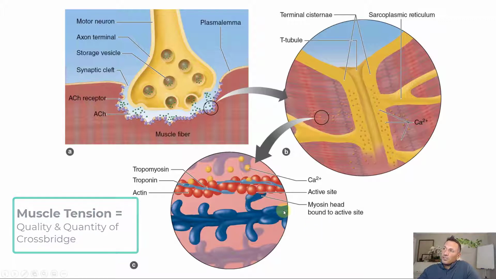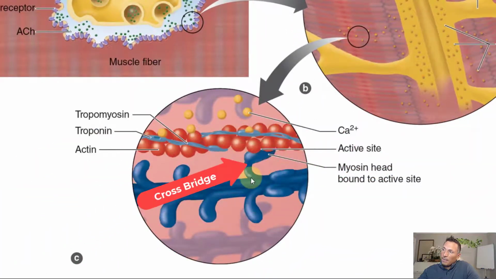What a cross bridge is, is this globular head of the myosin connecting to an active binding site on the actin. So in order for muscle tension to generate, you need a connection between the myosin and the actin.